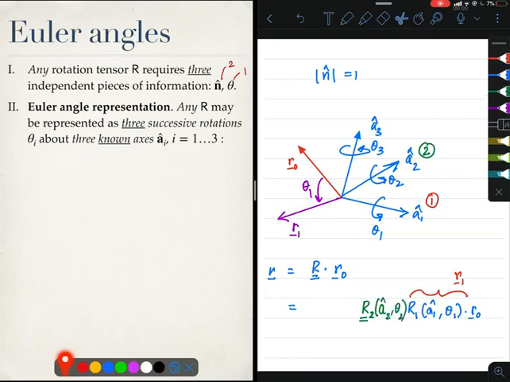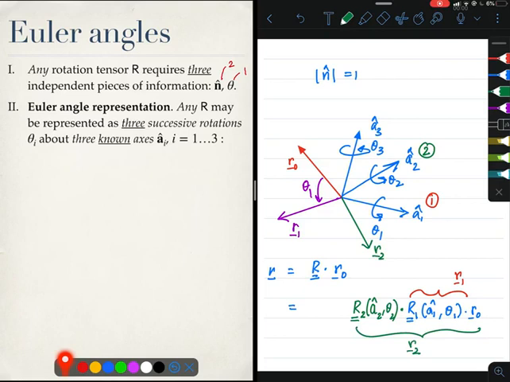Okay, I need to create some space. So that's that, and this is also a tensor. So the second stage was rotation of r1 by R2, and this gives me some vector r2.